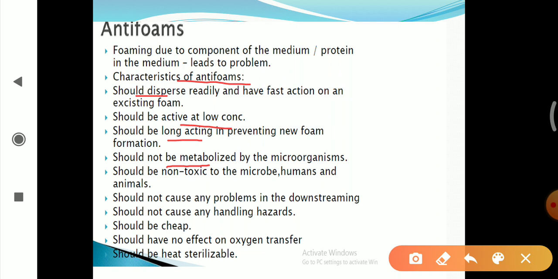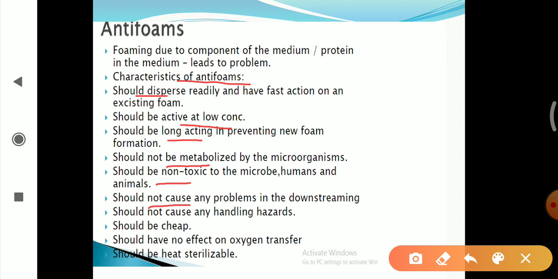It should be non-toxic to the microbes, humans and animals. It should not cause any problem in downstream processing, meaning during the recovery process it does not cause any kind of hindrance.